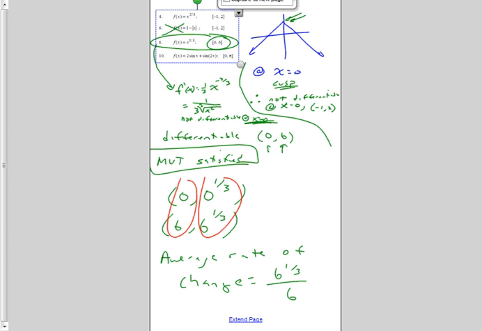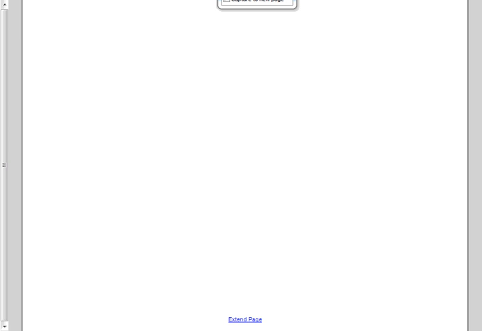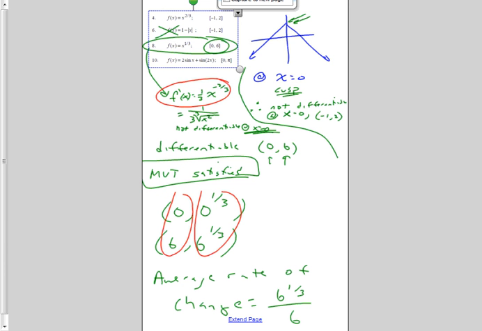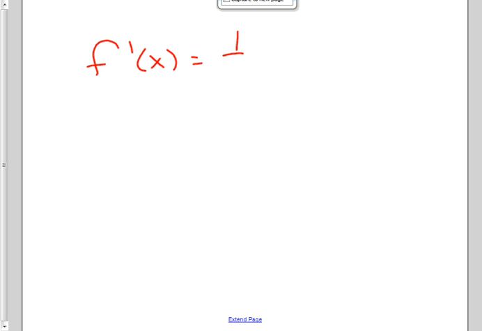And I want to know, when does my instantaneous rate of change equal that? So let's start a fresh page so that it's more clear. Remember, my derivative was 1/3 x to the negative 2/3.